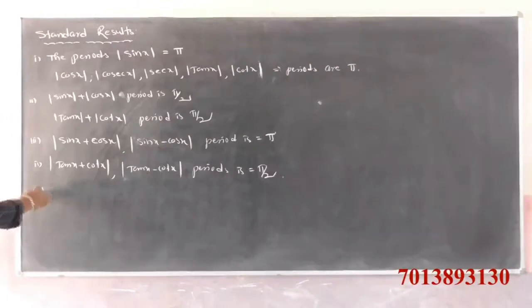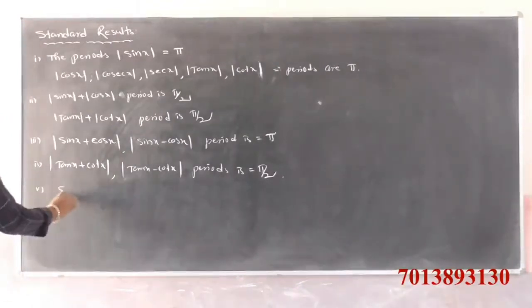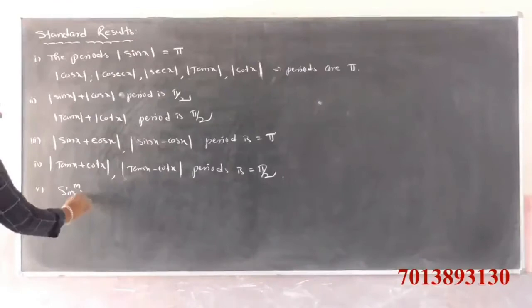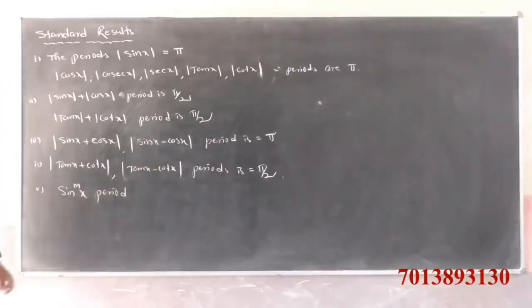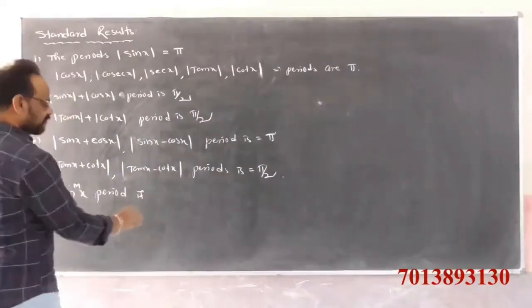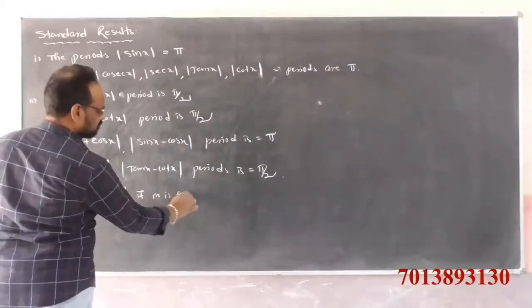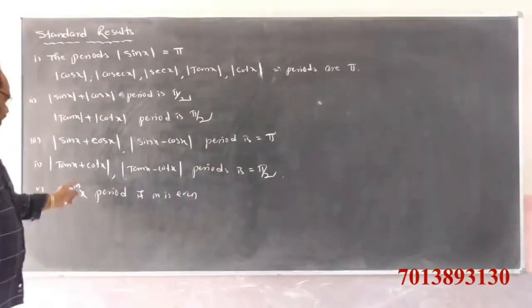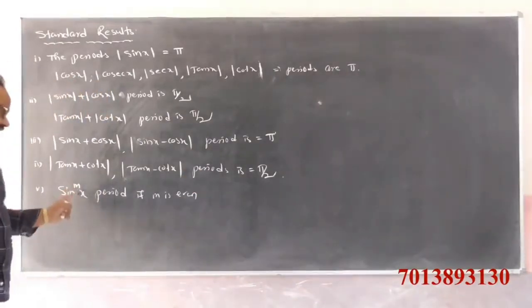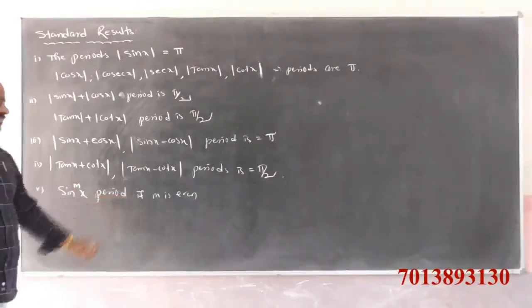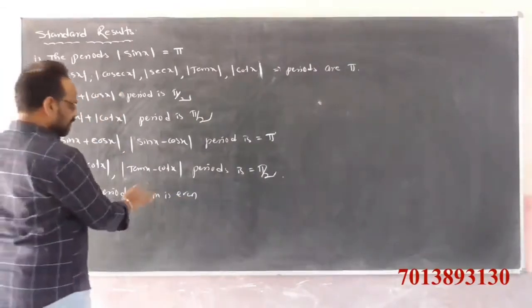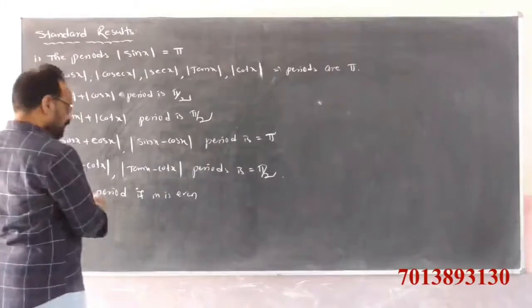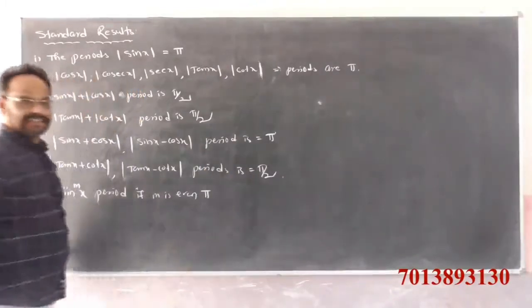Next, fifth point. Sin power mx period: if m is even, that is sin square, sin power 4, sin power 6, sin power 8, period is clearly pi.